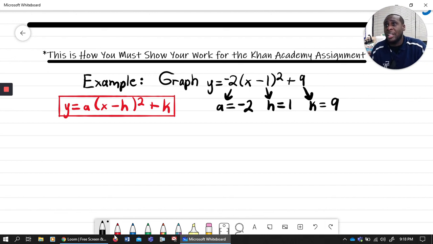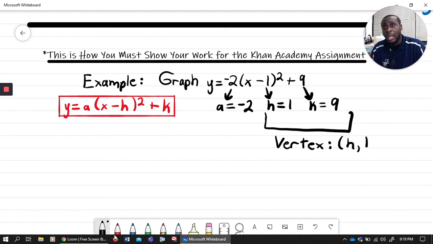All right, so once you've identified a, h, and k, go ahead and tell me what the vertex is. Tell me what the vertex is using these two here. I want you to write it out like this: the vertex is (h, k).